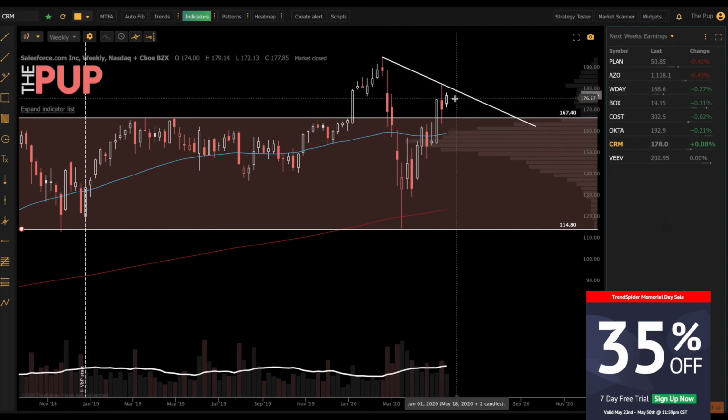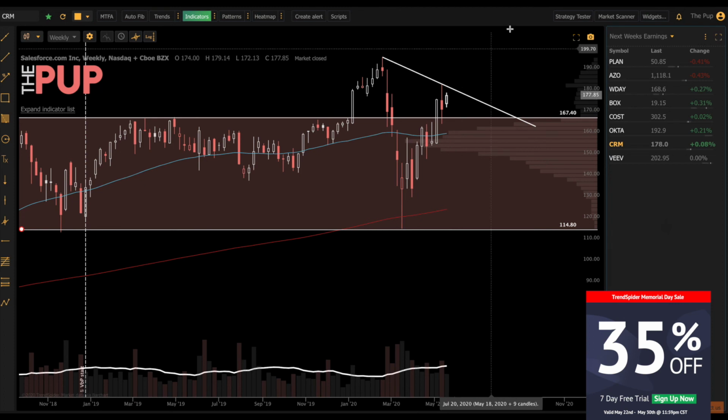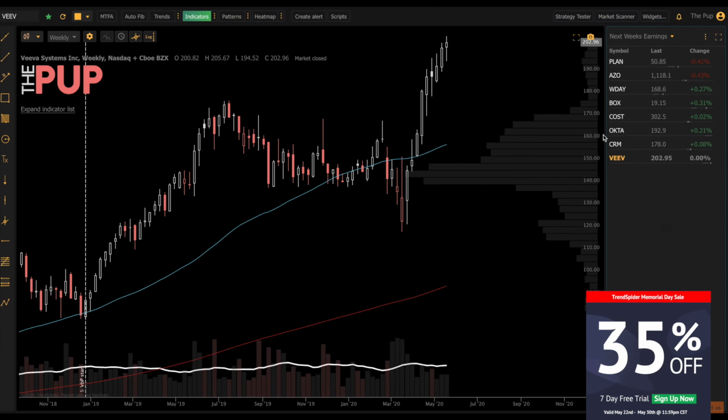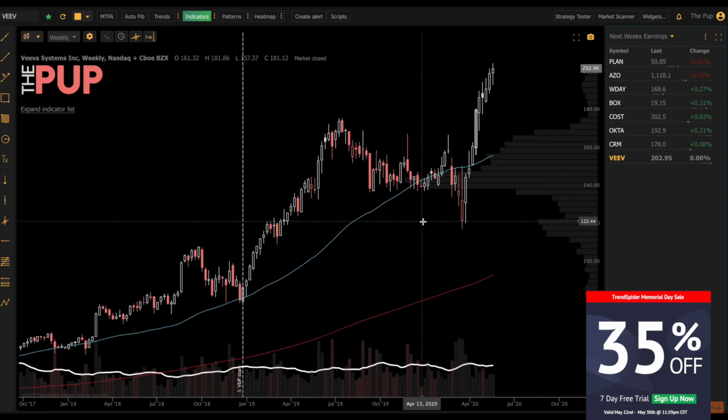So maybe we form some kind of symmetric ascending triangle or descending triangle to see where price is going. Maybe we consolidate in this area, or maybe we have a fantastic earnings report and it just launches us further into space.